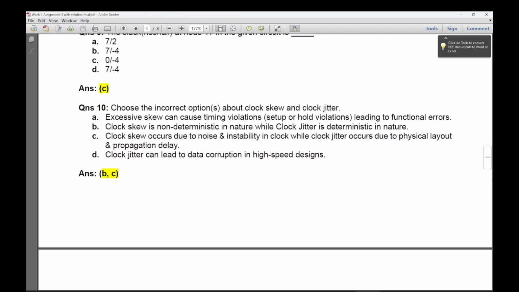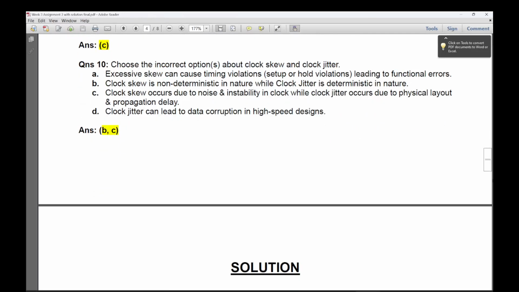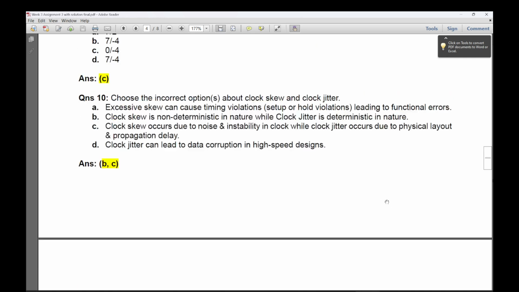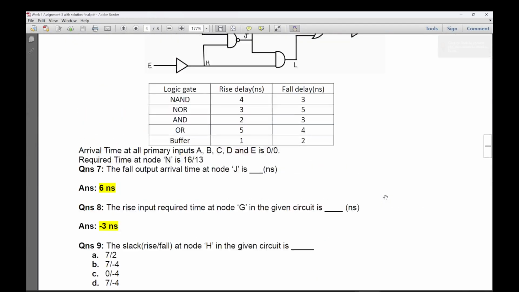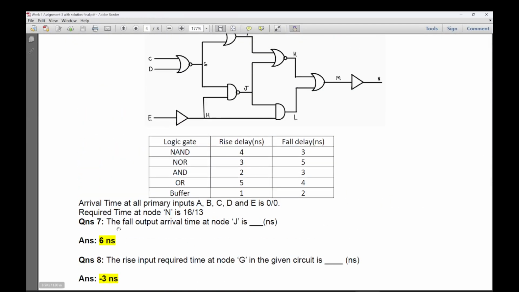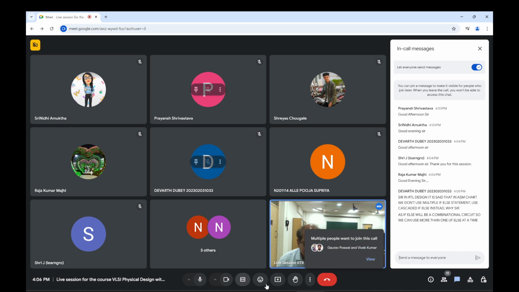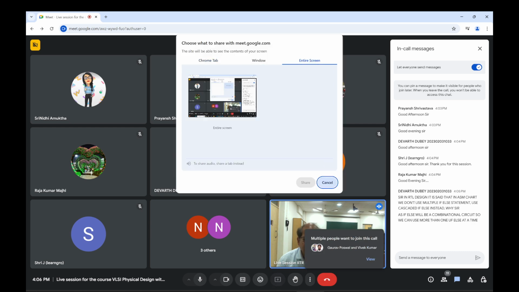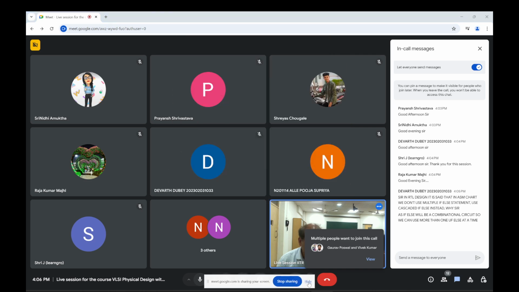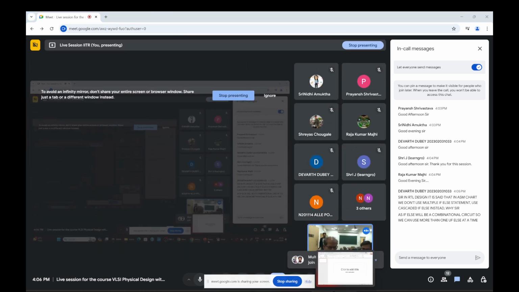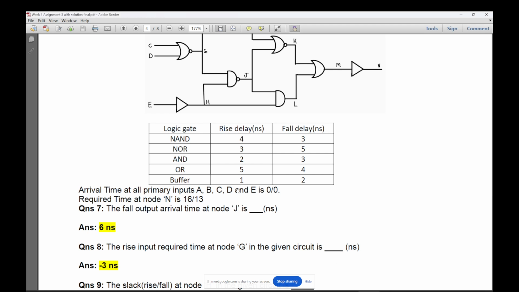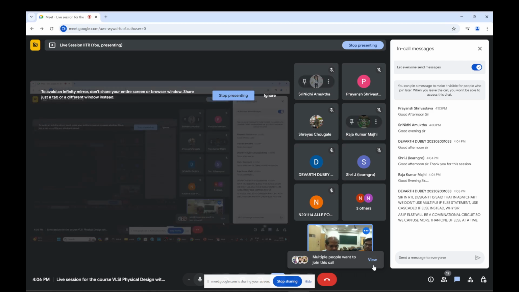This question. Question number in assignment 3, 7 to 9. This one. Okay, I'll share first. If you go there, it's the entire screen. Okay, there are some people still there.